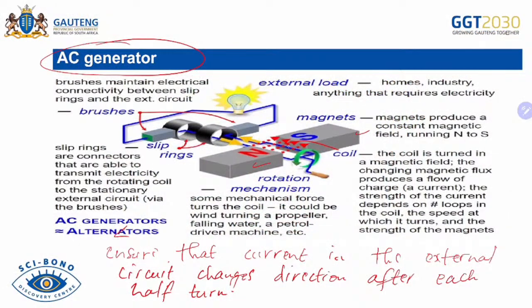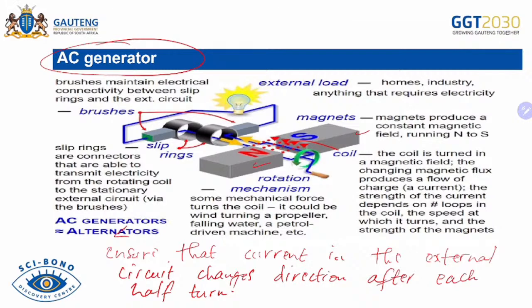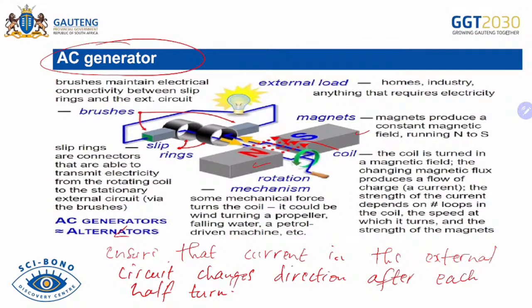But current in a coil, learners, changes direction. If the current is in on this side, then on the other side the current will be out.